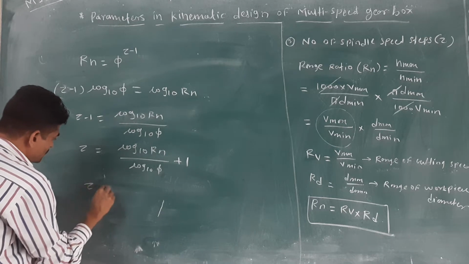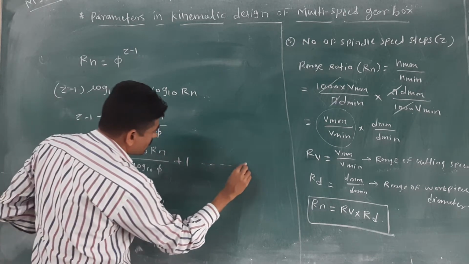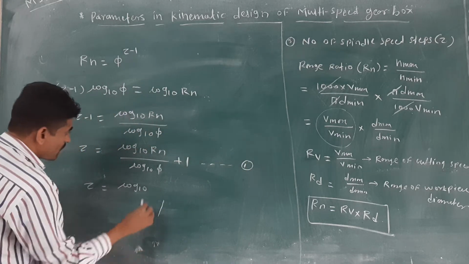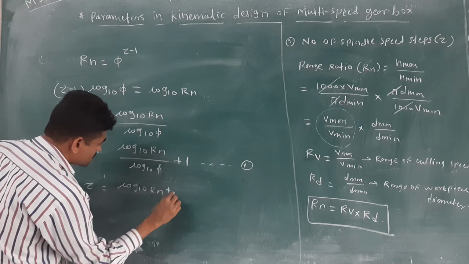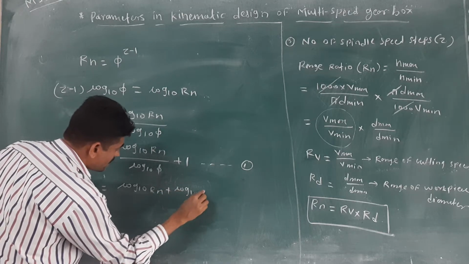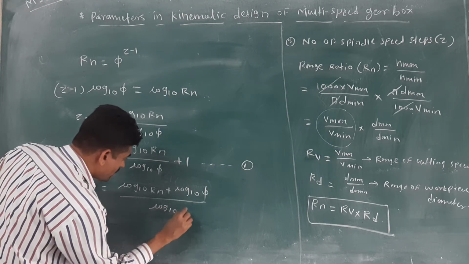You can simplify this, z is equal to, this is equation number 1, log 10 Rn plus log 10 phi divided by log 10 phi.